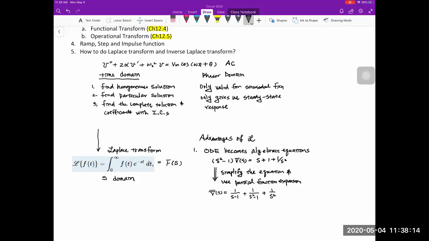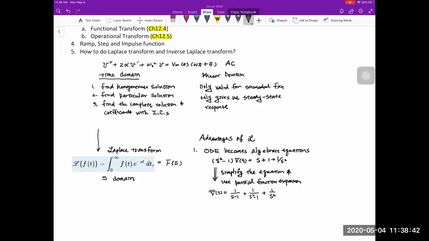You're going to have a ratio of two functions of s, and you're going to simplify that by using a partial fraction expansion. The reason that we do this is because once you find this simple form, then you can apply the table, the 12.2 table, to give you the inverse Laplace transform.